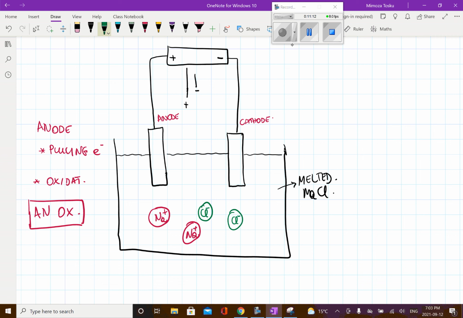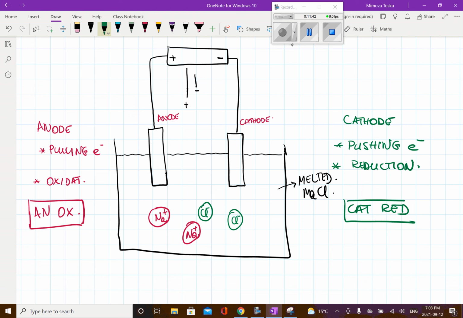And what is happening in the cathode is that the electrons are pushed toward it, and what is happening is reduction. And remember what we said, red cat for cathode. So when the reduction is happening, we call it cathode.